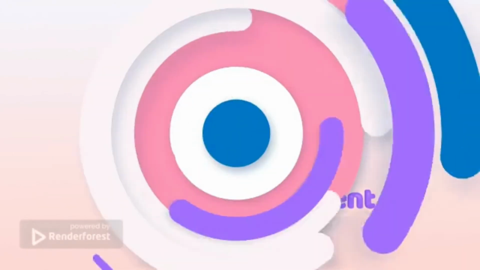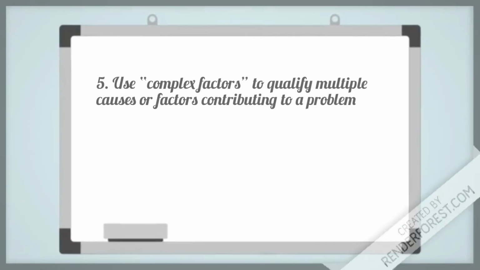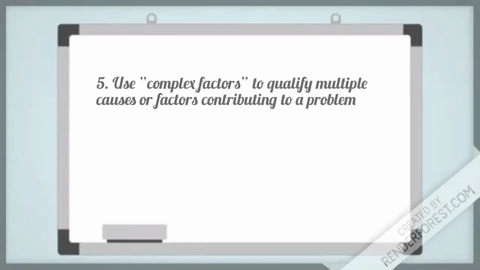Then the next one we're going to talk about is, what if there are different factors contributing to the situation? For that one, you're going to use complex factors but not unknown etiology. If we know the factors but there are too many for us to state them one after the other, then we use complex factors to classify all of them.